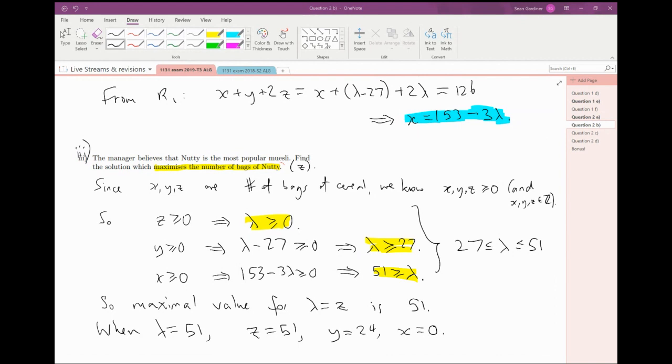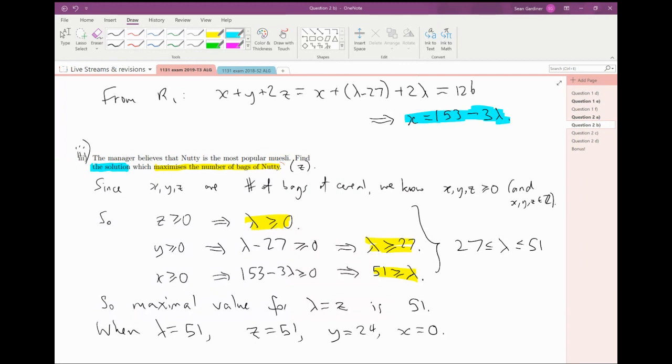Yes. Why do we want to find x, y, and z? Because it says the solution. It's the solution to the system of equations, and so the solution really is made of three parts. We found lambda. Technically, you could say we leave it to the reader to substitute in the lambda to those three values, right? But you could argue that just by finding lambda, you're saying I know z is 51, but I should really tie down exactly how many of the other bags we're making.